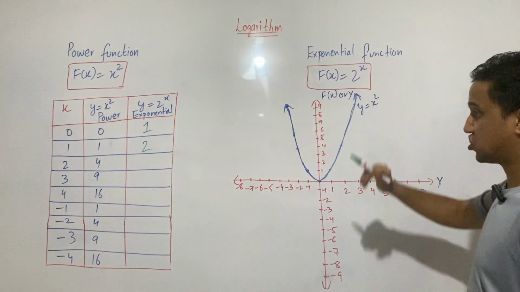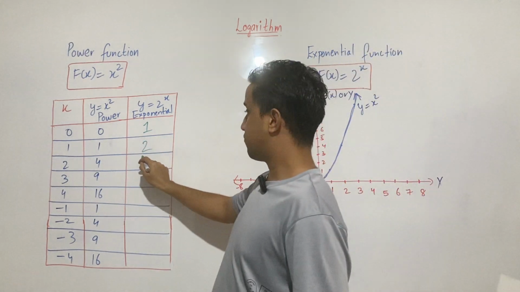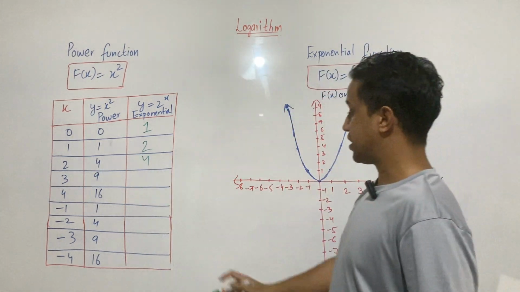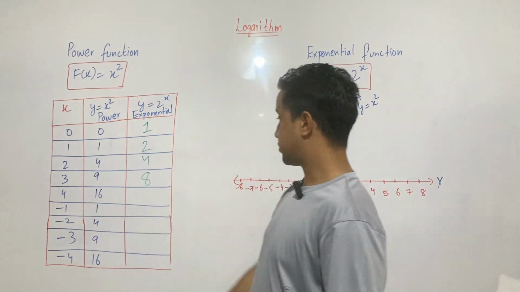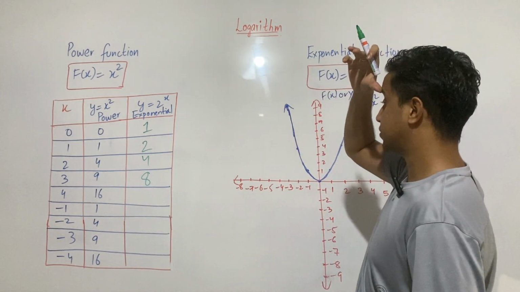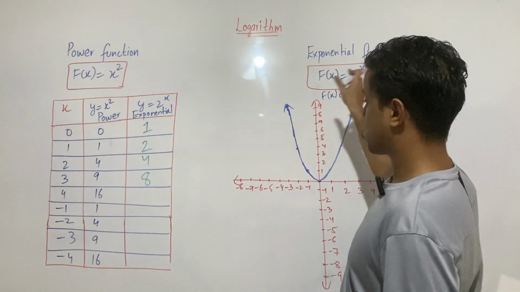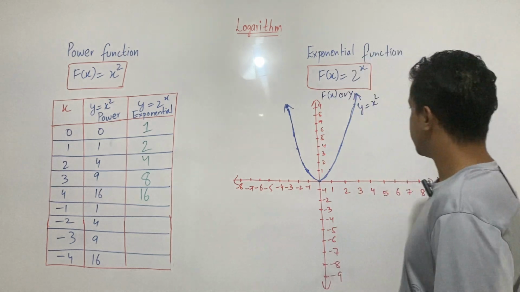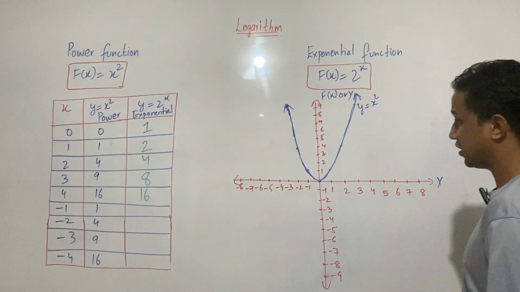When x equals 2, it's going to be 4. When x equals 3, it's going to be 8. When x equals 4, it's going to be 16.